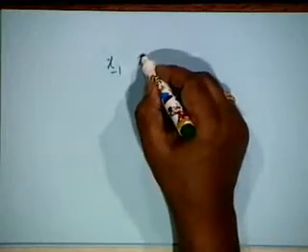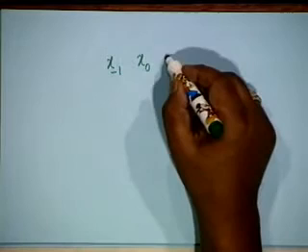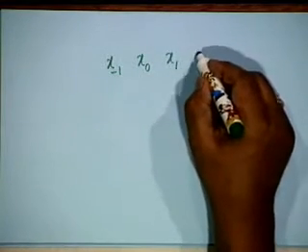Now a very simple trick that can be used, which does not use the graphical method, that is, you don't have to shift and multiply and compute and so on, is the following. What you do is, we write the signal x, x minus 1, x0, x1, x2.